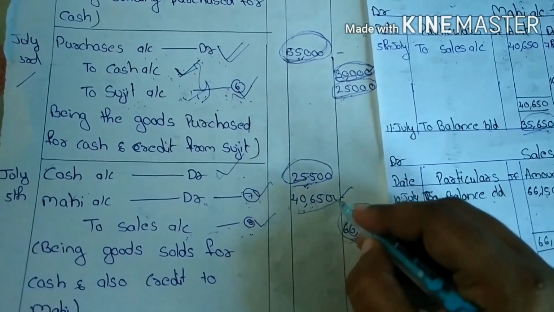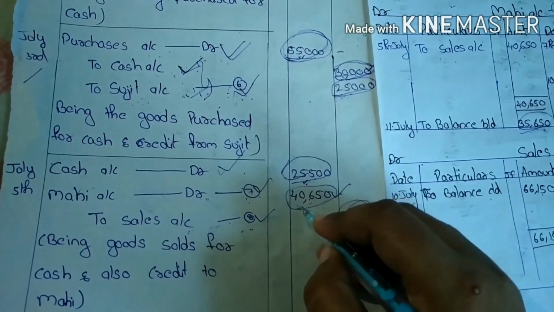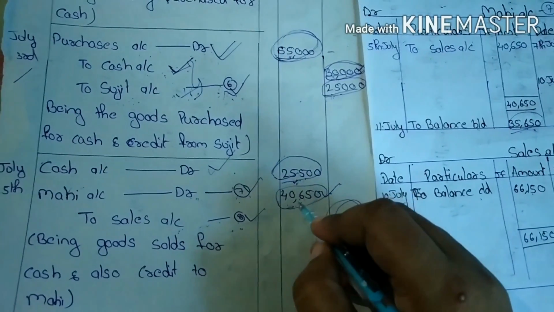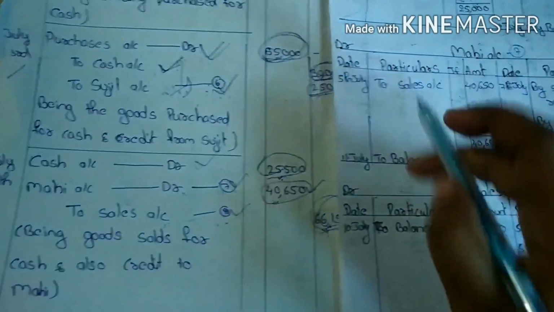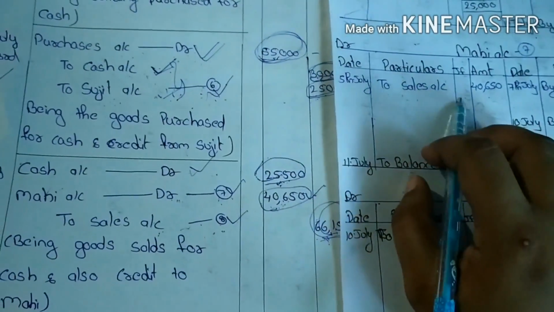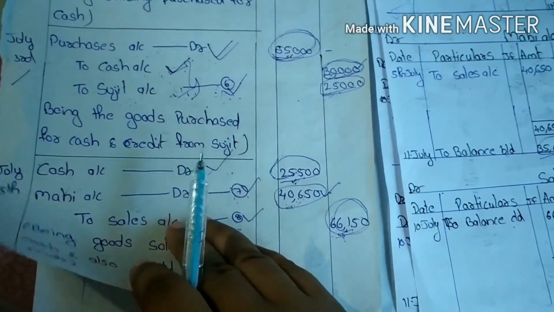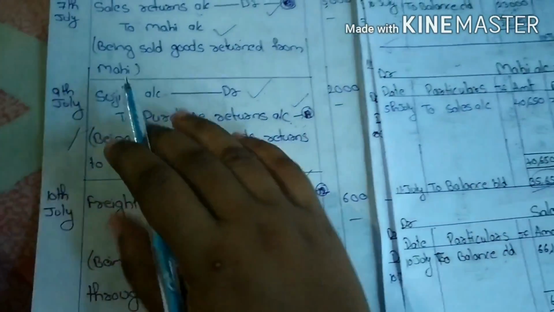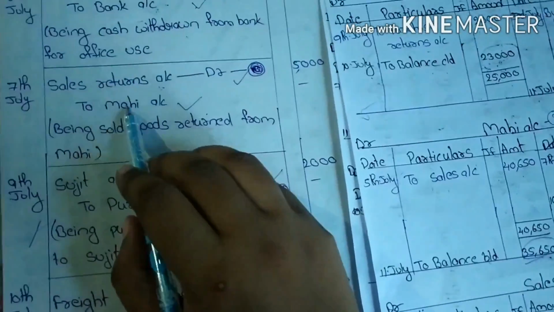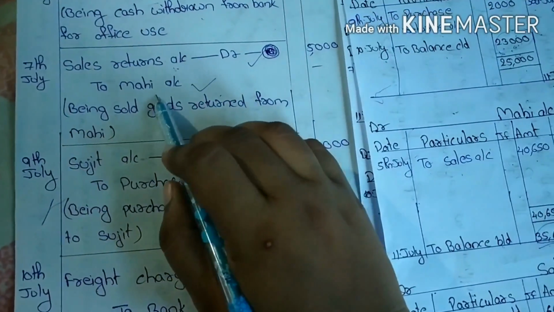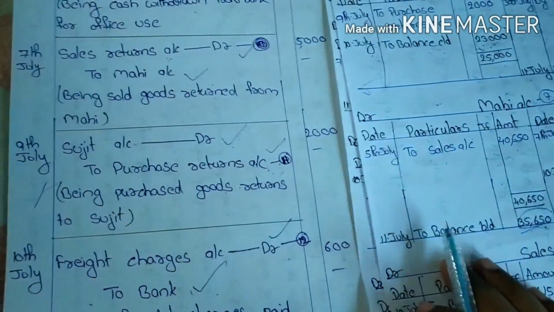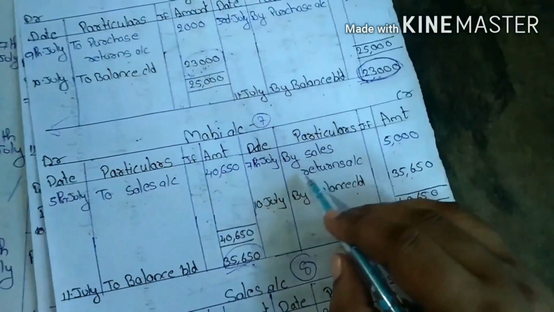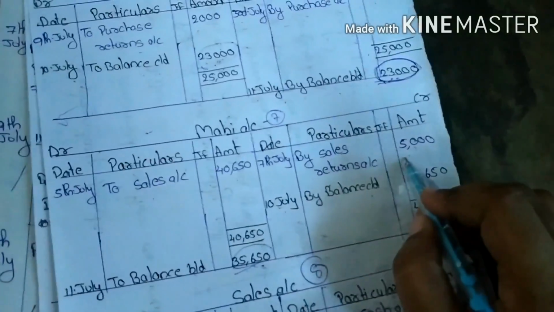So only the Mahi amount should be posted on the Mahi account. So on the debit side you have to post to sales 40,650. Okay, it was done. And next, see here, sales returns account from the Mahi account. Here the Mahi account is on the credit side, right?